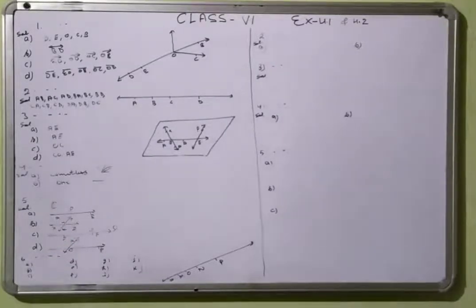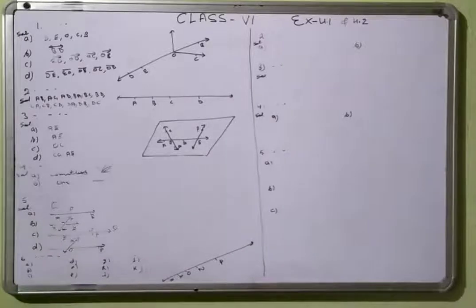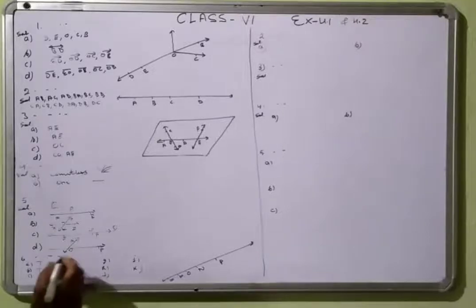Sixth part: consider the following figure of line MN. Say whether the following statements are true or false in the context of the given figure. First part: Q, M, N, P are points on the line MN. Yes, all of them are, true. M, N, O are points on the line segment MN. Yes, true. You can see there. M, N are end points of the line segment. Yes, true.